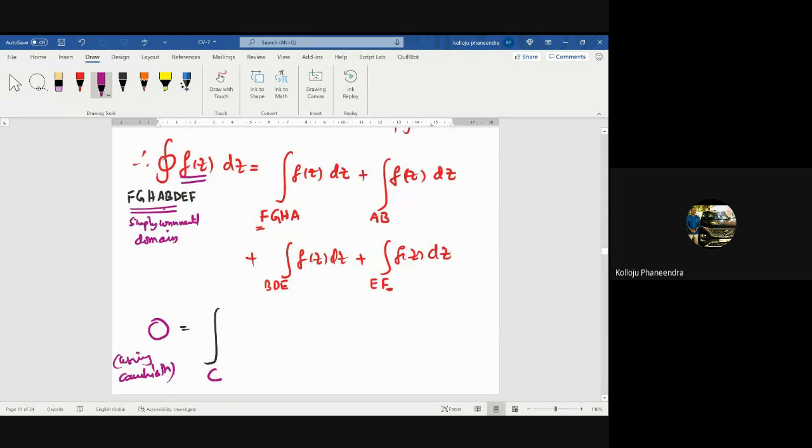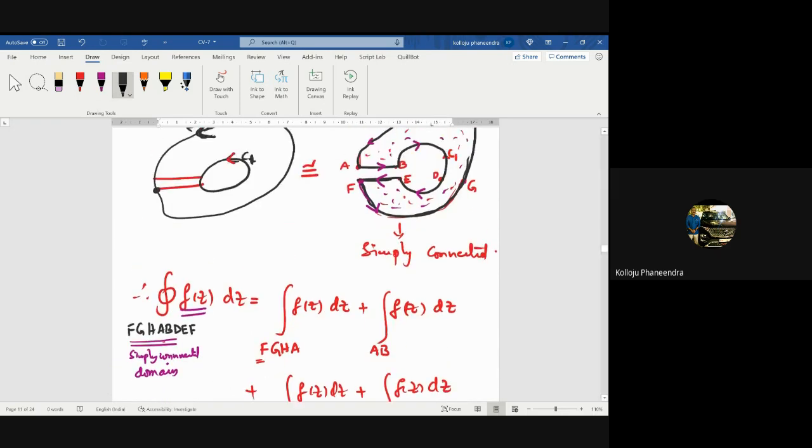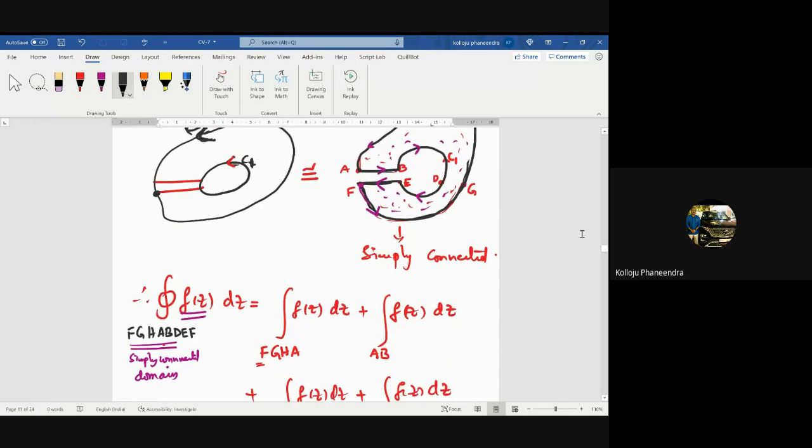I'm writing integral over C of f of z dz, one value is over, plus integral over AB of f of z dz. This is a straight line. And what is this? BDE. See, all of you, see this one.